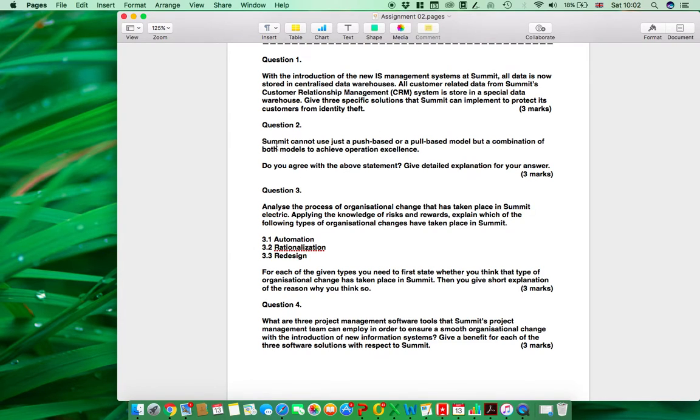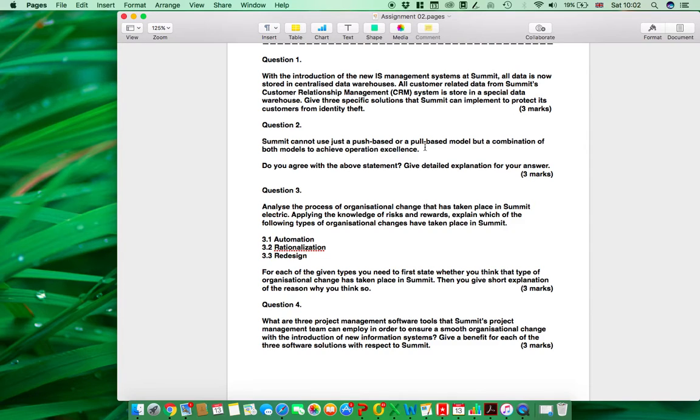In the second one, we have: Summit cannot use just a push-based or a pull-based model, but a combination of both models to achieve operational excellence. Do you agree with this or not? You have to carefully first go and understand what a push-based model is and what a pull-based model is. How do they work?